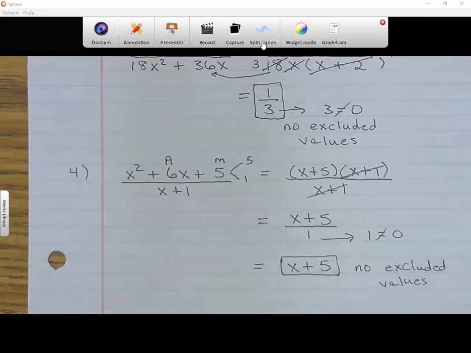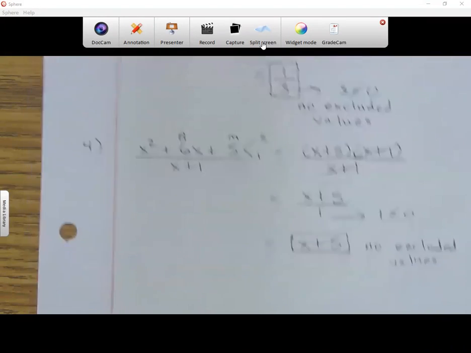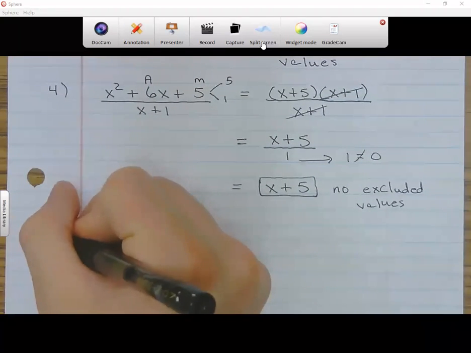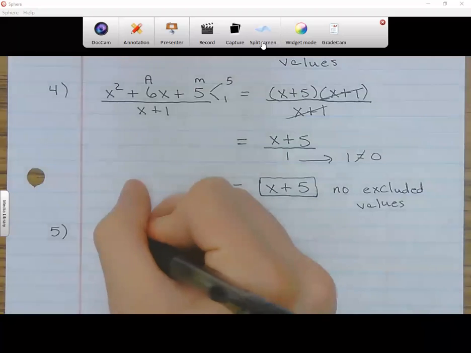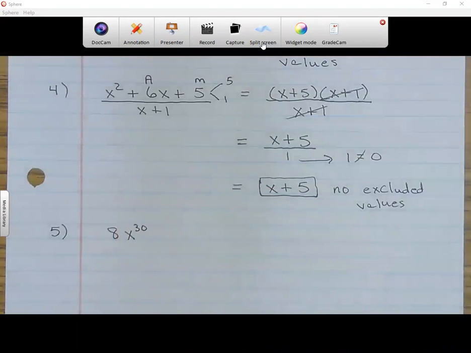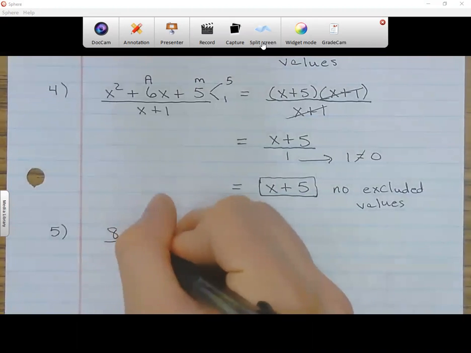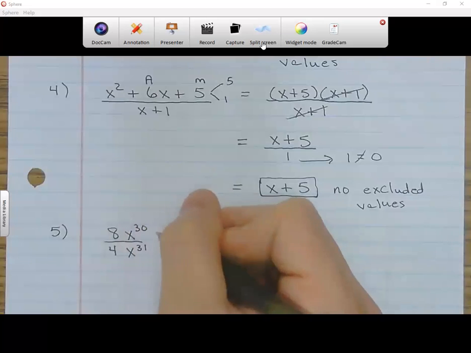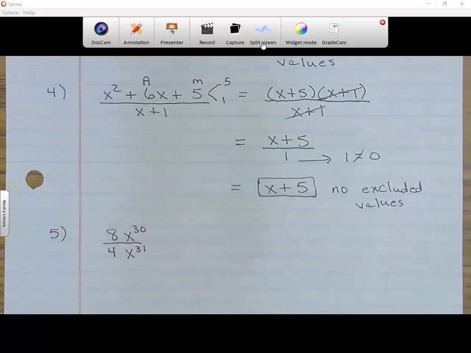All right, let's take a look at number 5. It's 8x to the 30 power over 4x to the 31 power. Okay, so for this one, we can't really factor.